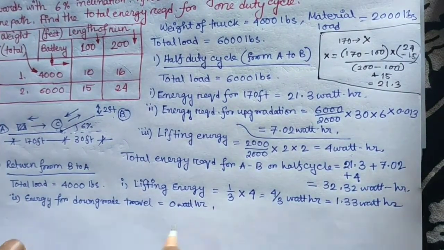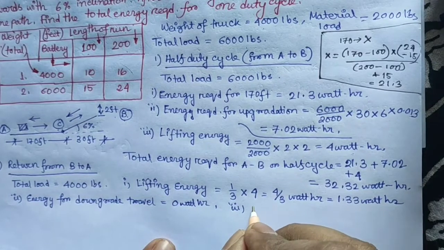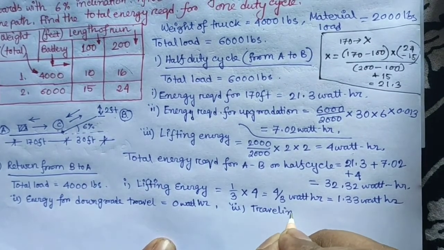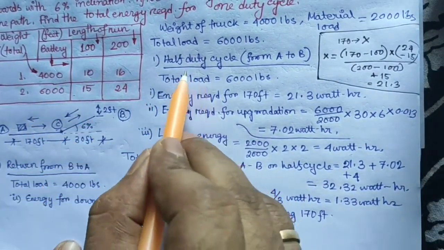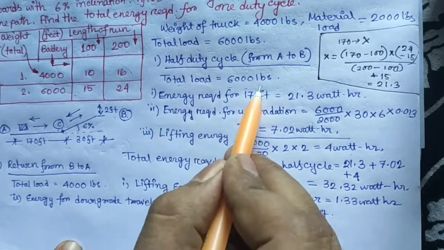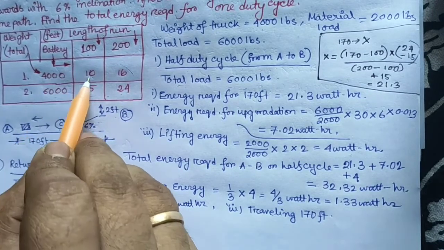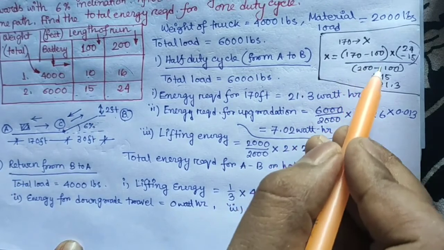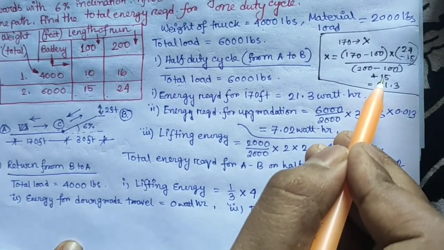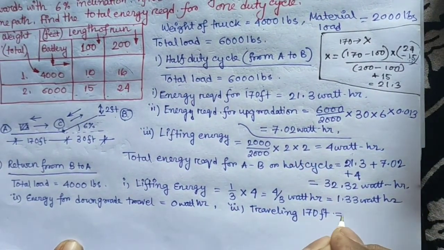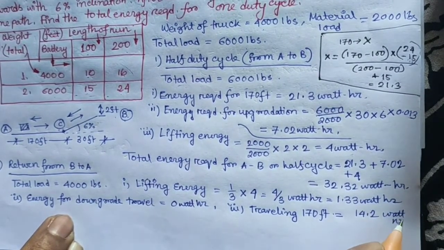Now third, traveling 170 feet. Now first, for the half duty cycle, total load was 6000. We have to interpolate for this value. Now we have to interpolate the same thing for this value, that means using 10 and 16. If we change these two values, 16 and 10, then the value will become 14.2 watt hour.